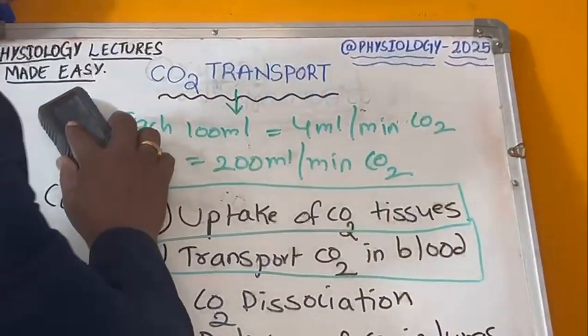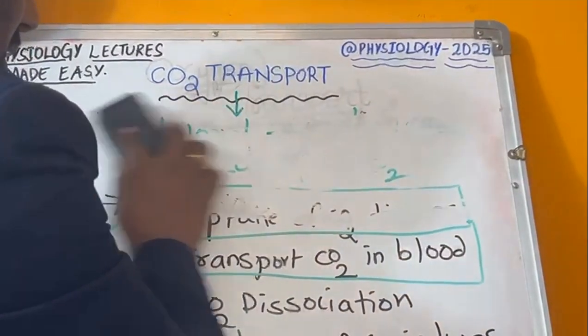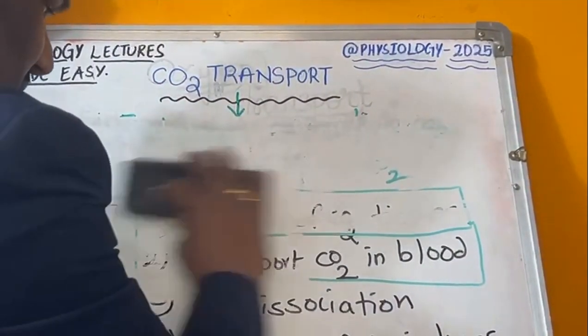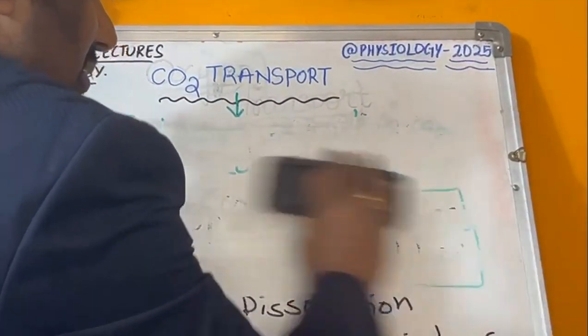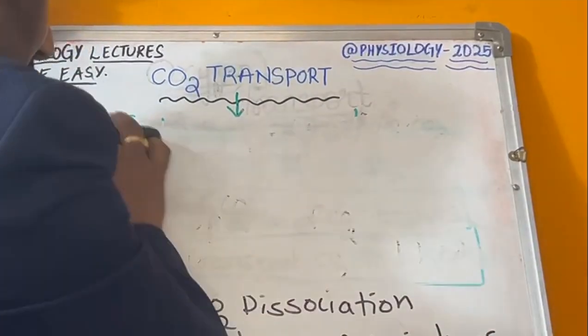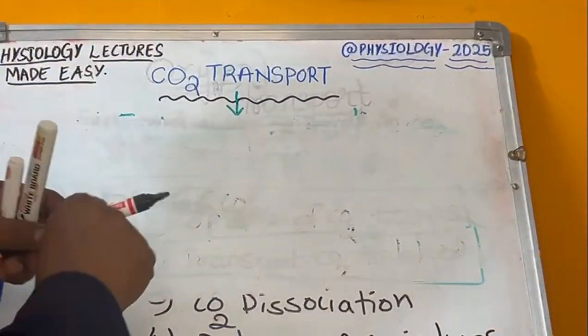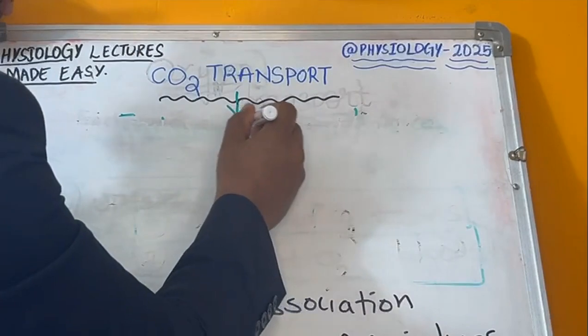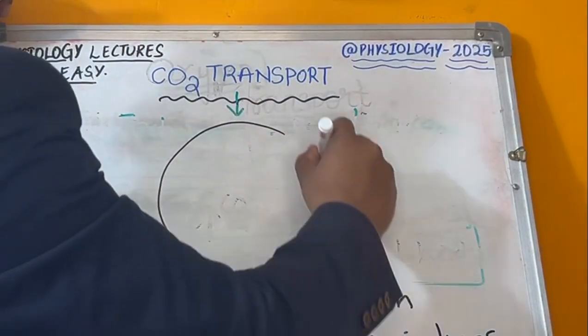I will draw this picture above, because there is a visibility issue and you can't see properly. Once again I am drawing. Imagine it is the RBC of our blood.